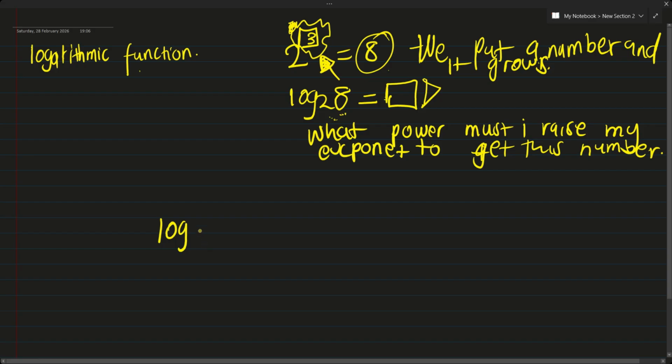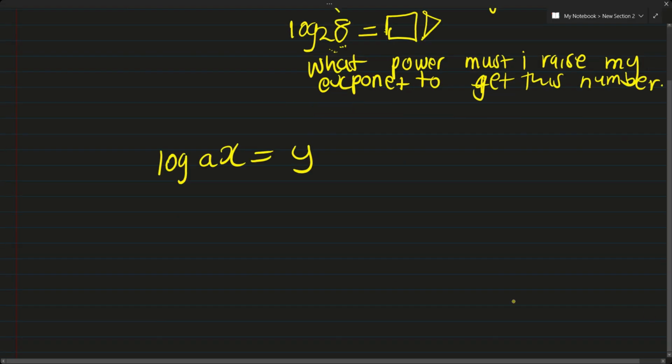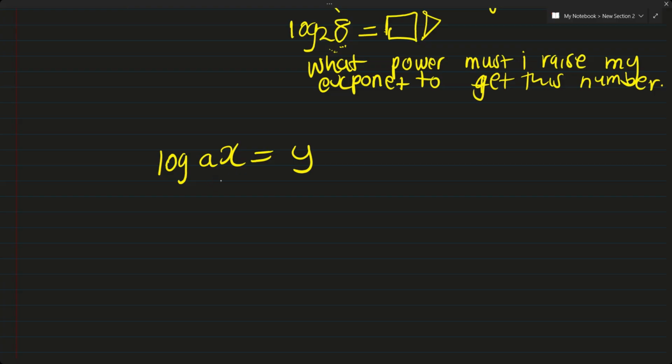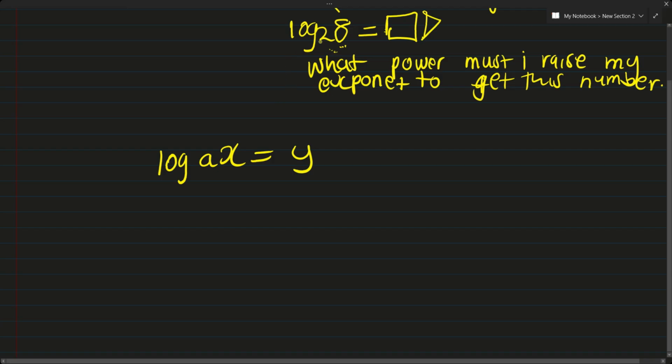So we have log base a of x is equal to y. This is our main rule for logarithms. What this one is asking is, what power of a is going to give us x? What power of 2 is going to give us 8?